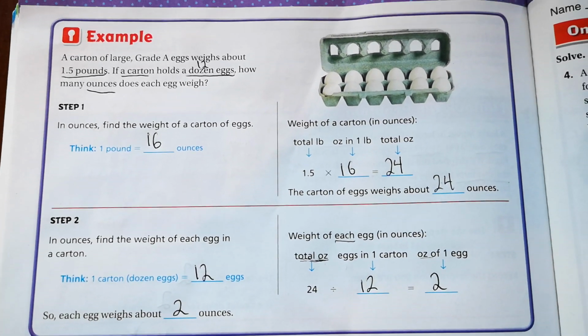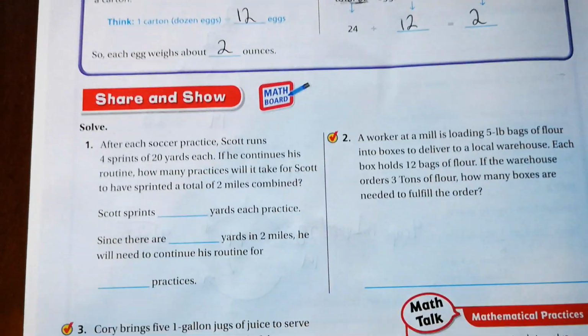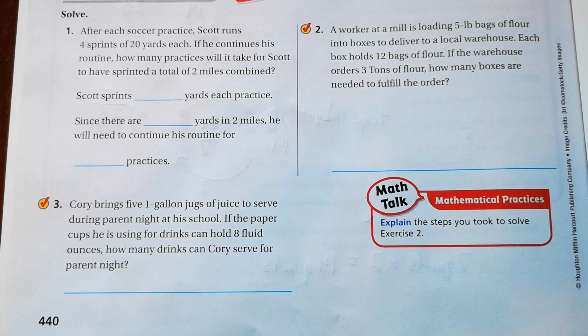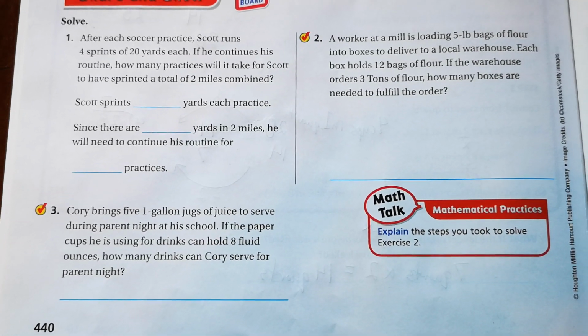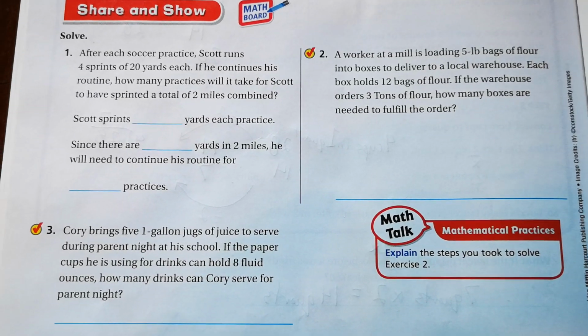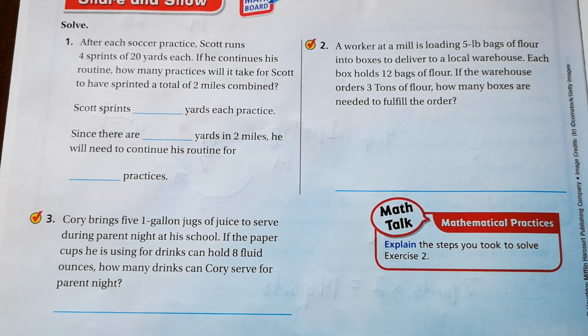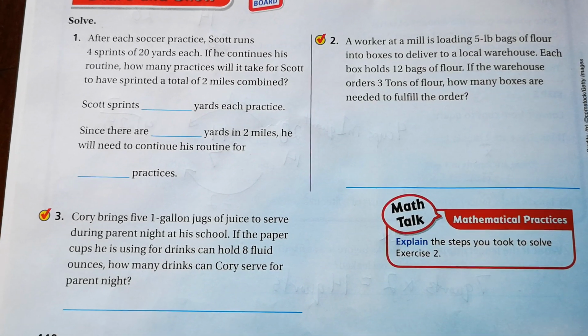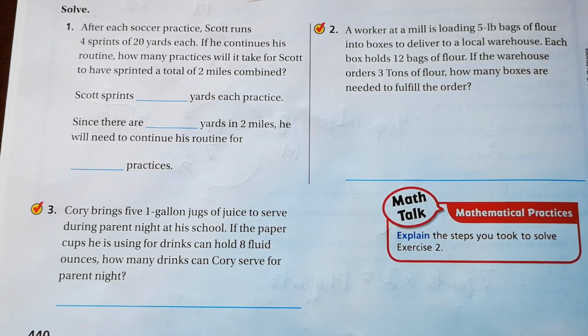Now, what I would like you to do is to work on problems 1, 2, and 3 to finish this page off. Try your best. Remember, you're going to be doing multi-step conversions, meaning you're going to convert 2 different types of units of measurement.